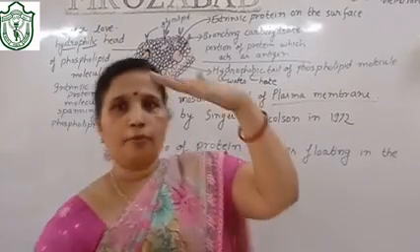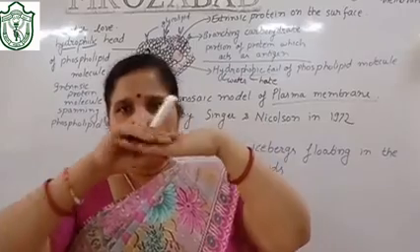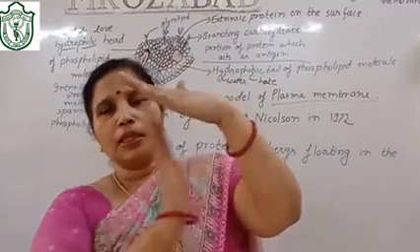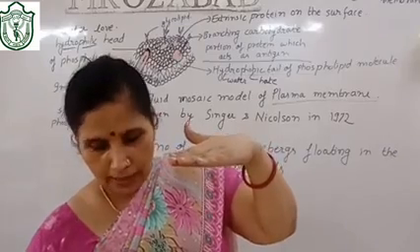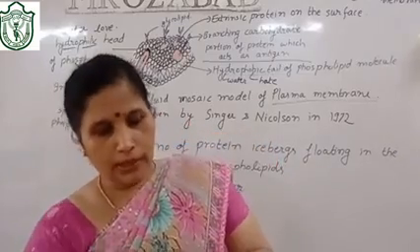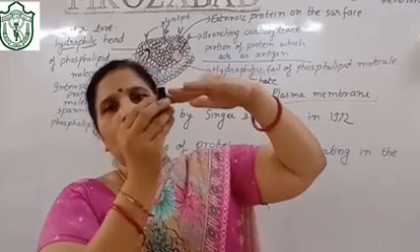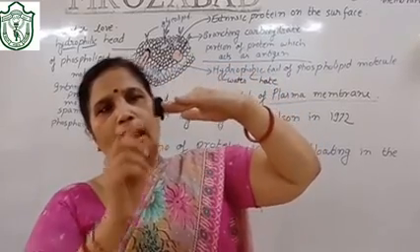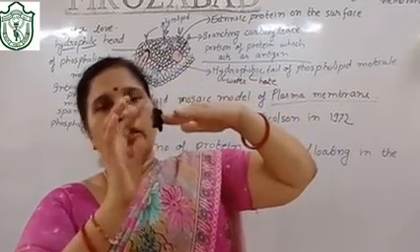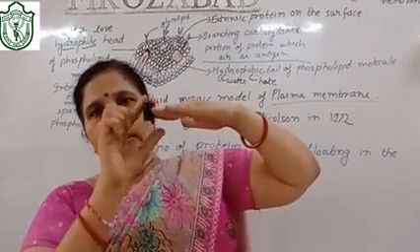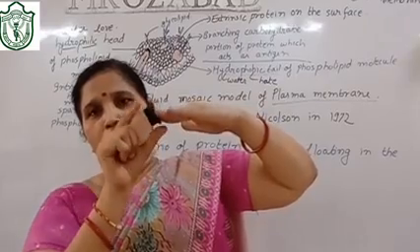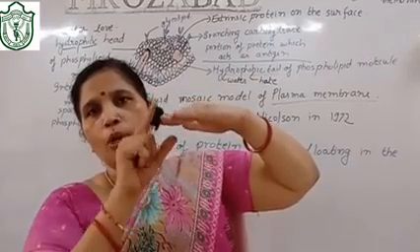If this hand, just for a while, is a plasma membrane layer, and if you think this cap is a protein, then you can see that this protein is traversing or spanning the whole layer.